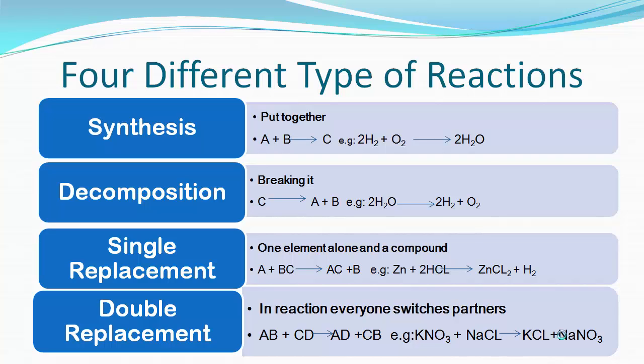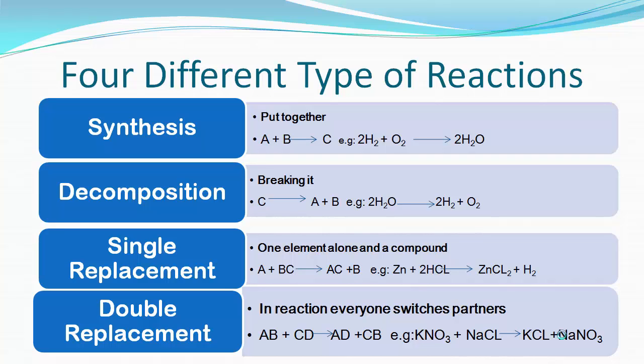Decomposition is when we think about something decomposing. It has a full mass and then it's breaking into 2 different parts. So C yields A plus B. When I take two molecules of water and break them apart, I will get 2 H2 and an O2. Now, single replacement and double replacement are generally the same thing, but a little different.